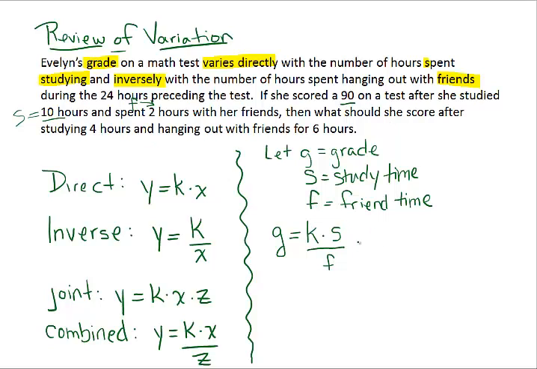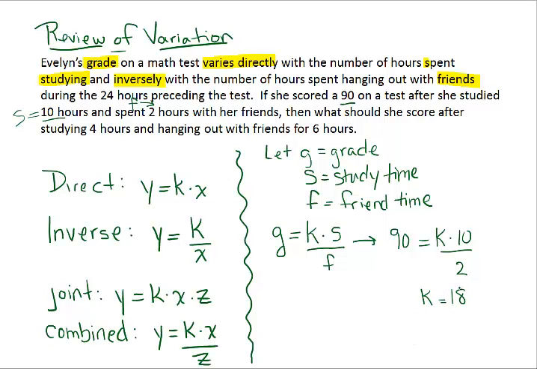So if I replace this information, I know that a score of 90 equals our constant times the amount of hours we spent, which is 10, and then divided by the amount of hours spent with friends, which is 2. If I solve this, I get k is equal to 18.